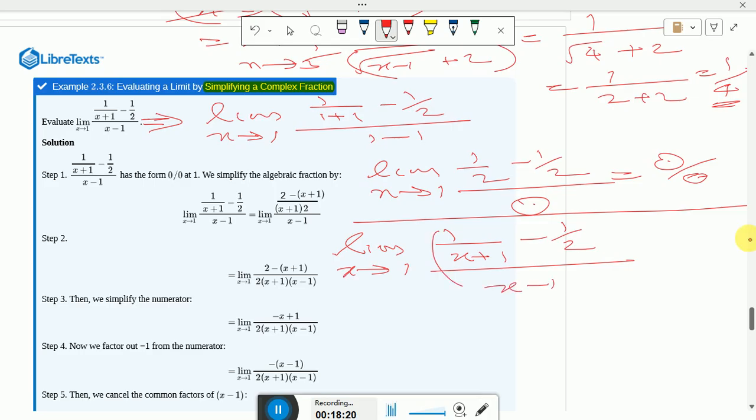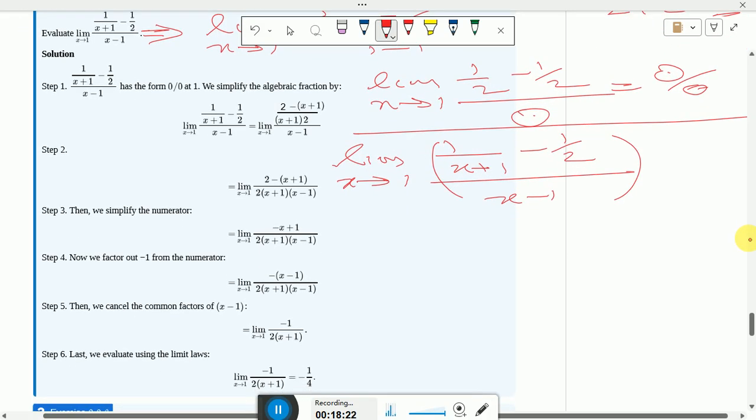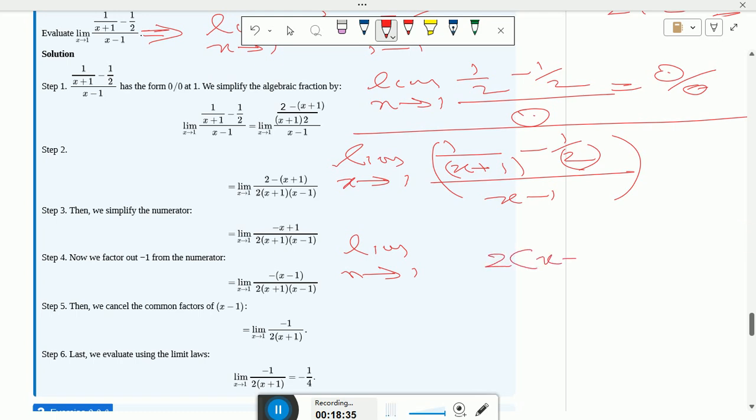How can we simplify this? Let's take the LCM for x plus 1 and 2. We can take 2 into x plus 1 as the common denominator.